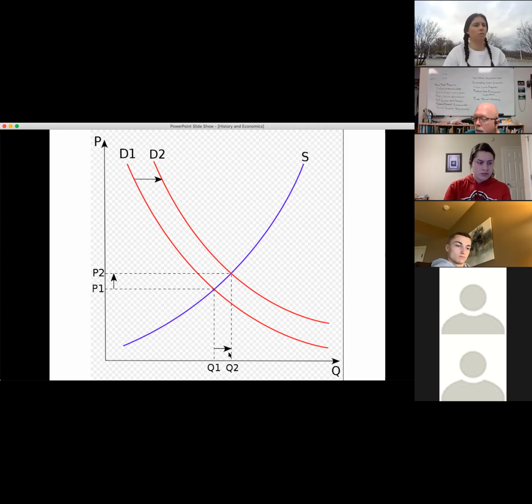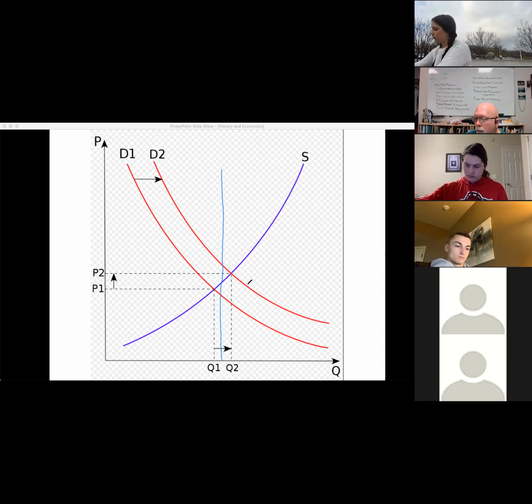Not really sure either. Oh, and I cannot draw on the computer. So an inelastic demand curve would look something like this. It would just be a straight up and down line. It doesn't fluctuate at all. Demand for a product doesn't fluctuate with quantity of that product that is available.